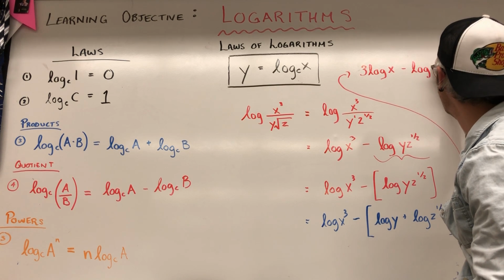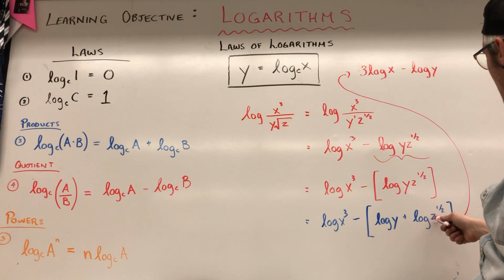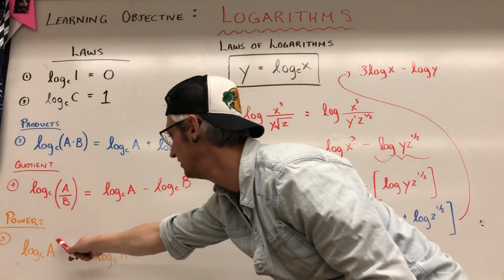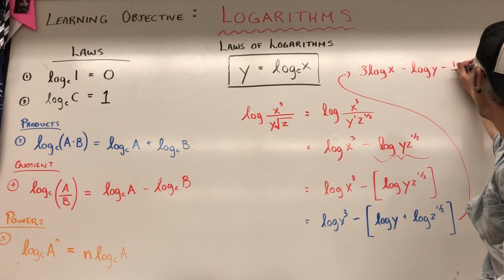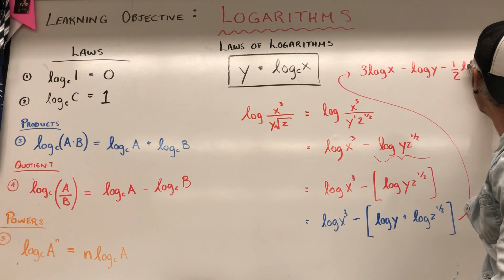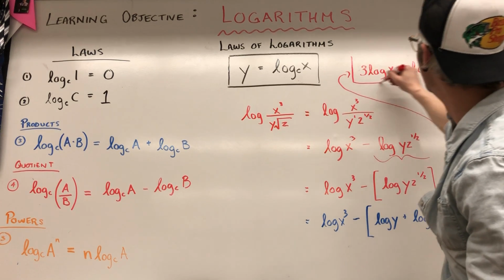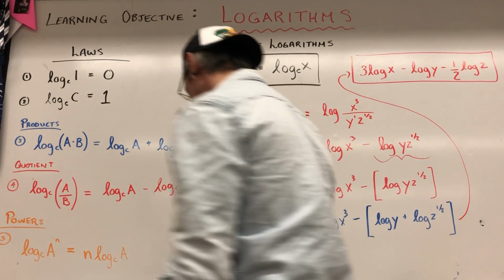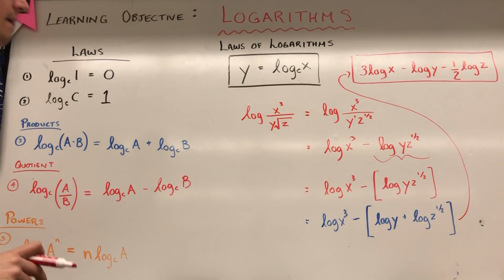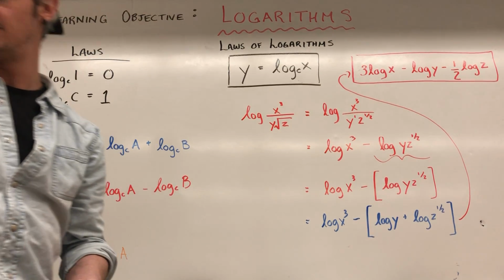Minus log y minus log z to the 1/2. N, in this case, is 1/2. So minus, and I'm going to pull that 1/2 out front, 1/2 log z. And then that is my final answer in individual logs. Okay? Fairly straightforward if we just follow the rules.